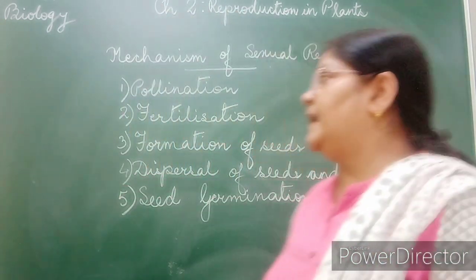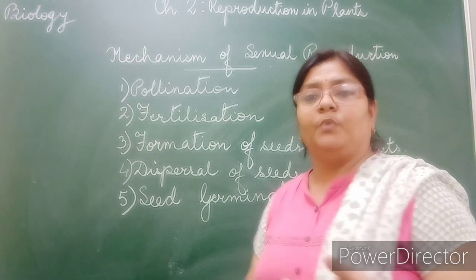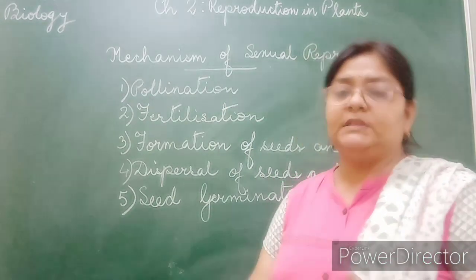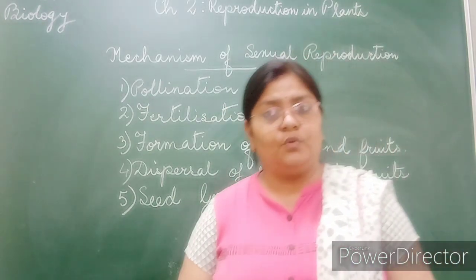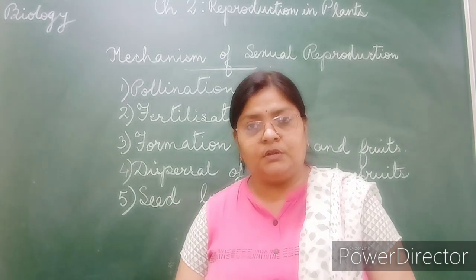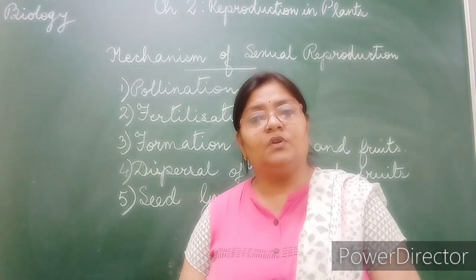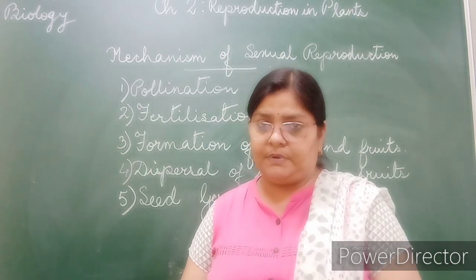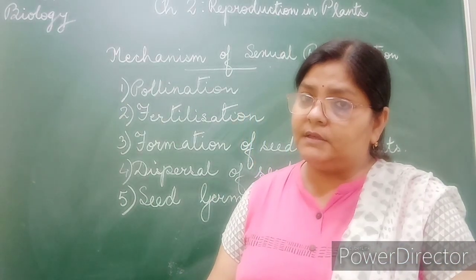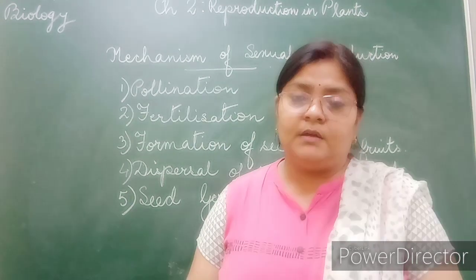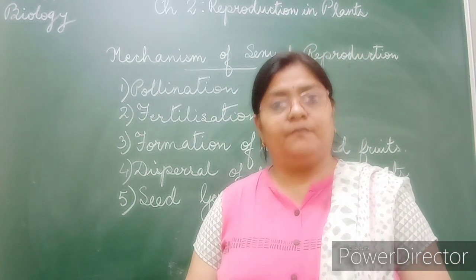Fine. So the mechanism involved, number one, is pollination. So the first step that is required for us to know is pollination. Pollination is a process by which transfer of pollen grains takes place from the anther to the stigma present in the pistil of a flower.